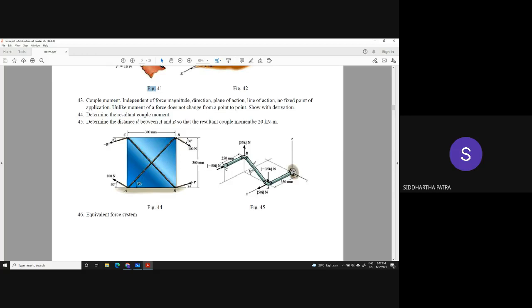Why unknown force and unknown angle? It should not be an unknown angle, right?